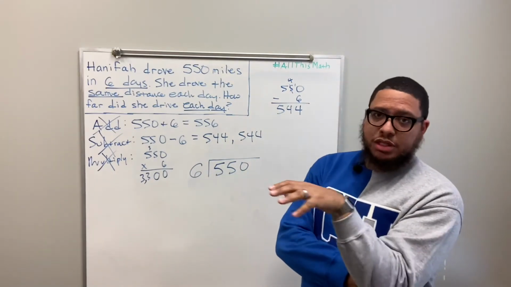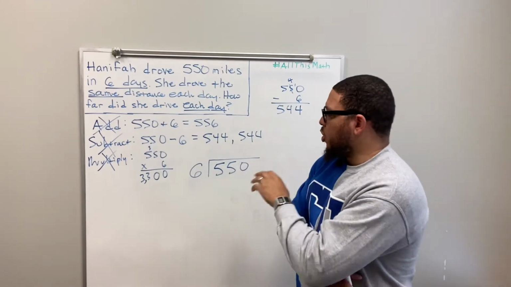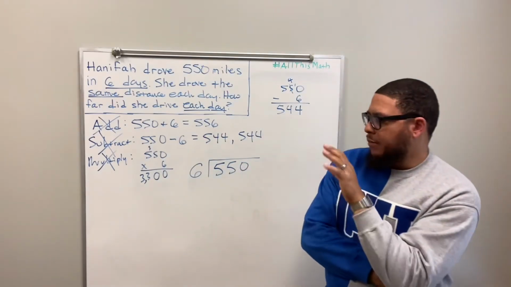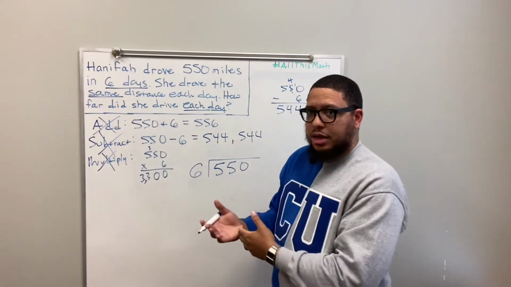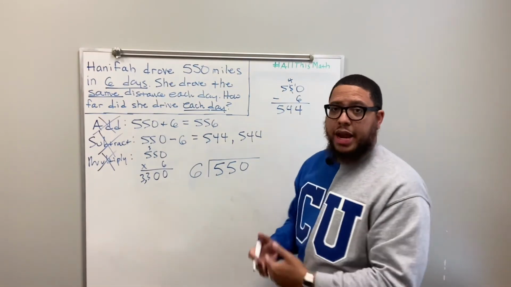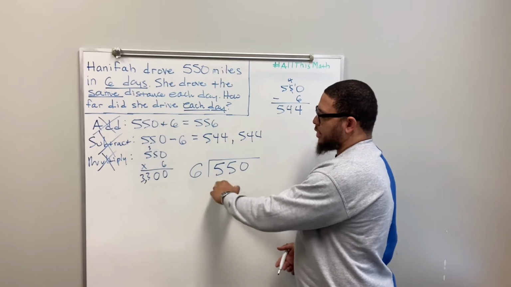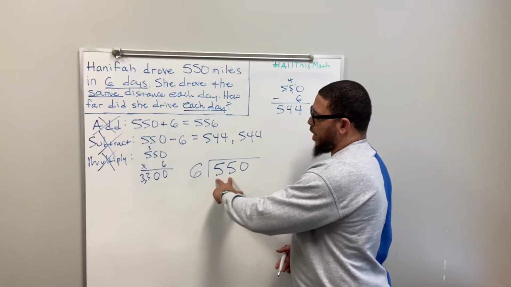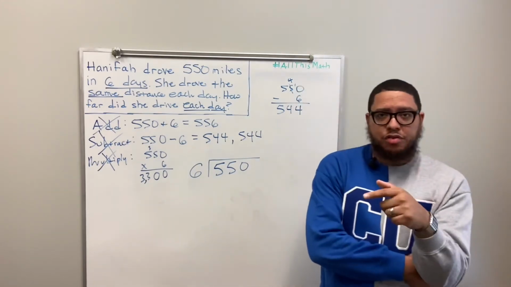A fraction of 6 can fit in 5, but when we're doing long division, we want the whole number to fit inside the number. So it doesn't work for just 5. Whenever that happens, we slide over to the next number. Now we make it a 2-digit number. Now we're looking at 55. So how many 6s can fit into 55?